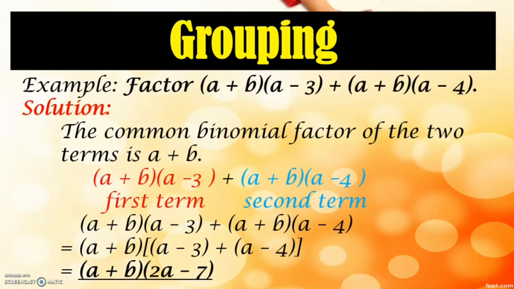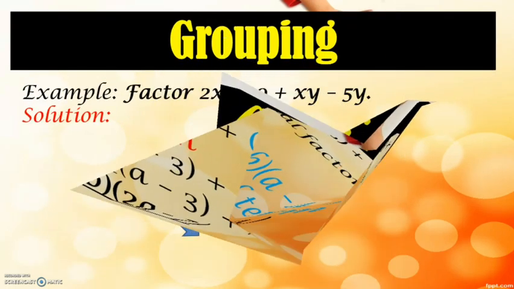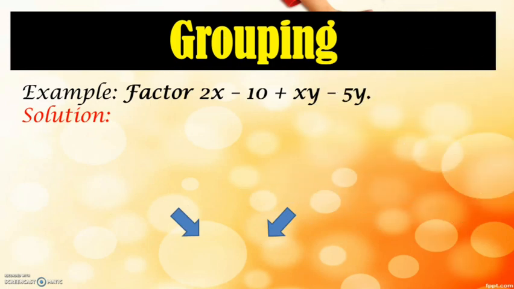Okay, let's try some more examples. We have here factor 2x minus 10 plus xy minus 5y. So here, we are going to form groups. It's possible you can form a group which you think will have a common factor.